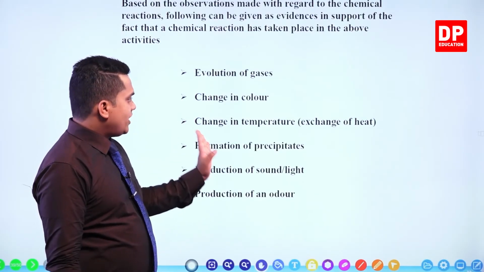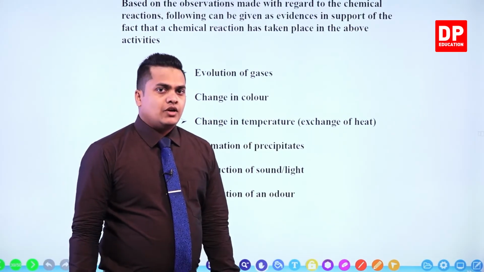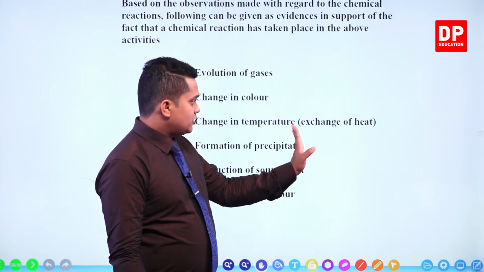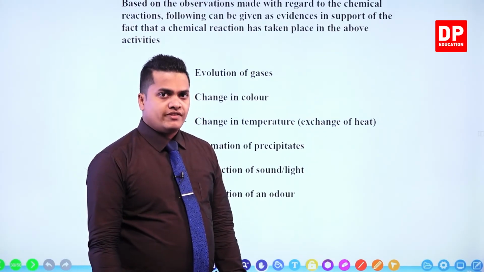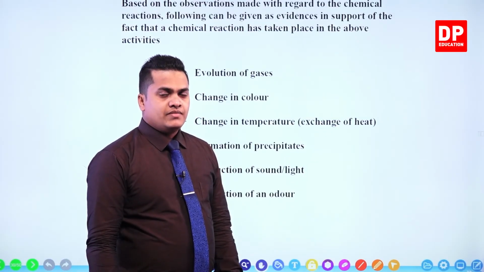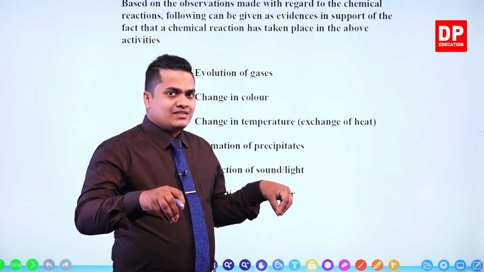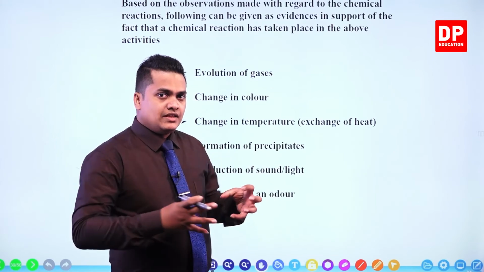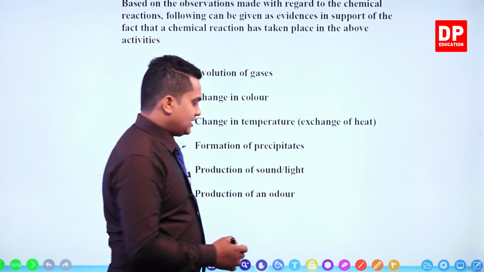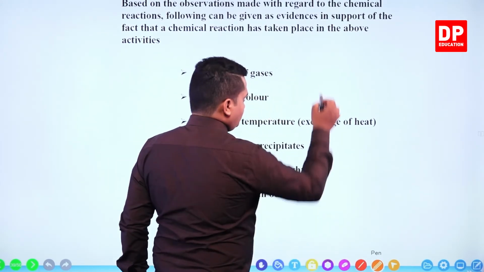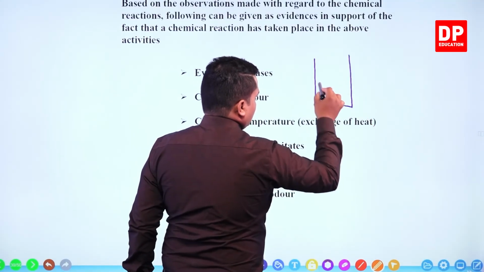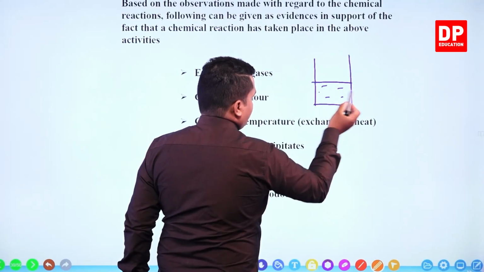Number 3, change in temperature. Change in temperature here especially means exchange of heat. If the environment's heat is getting absorbed into the system like this, now this is the system.